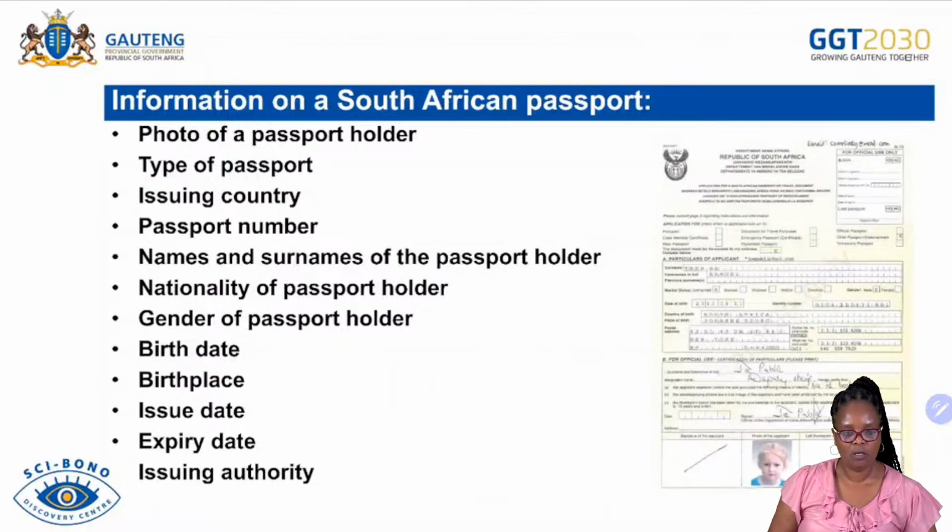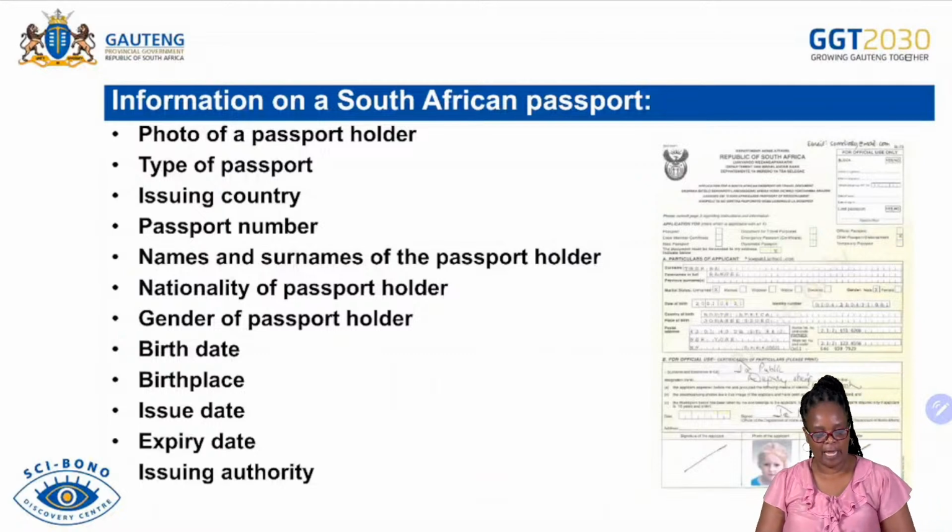They need to know your gender, the birth date, the birthplace, and also the issue date, when it was issued. You'll find it in your passport. The expiry date is also there.